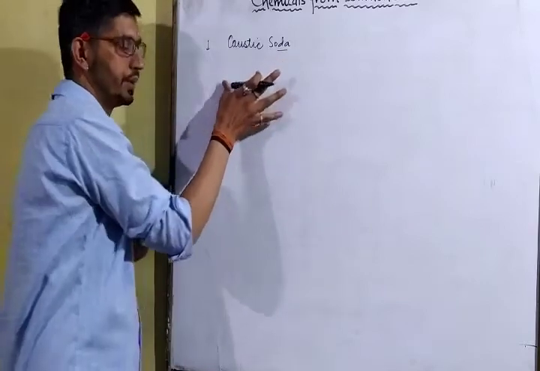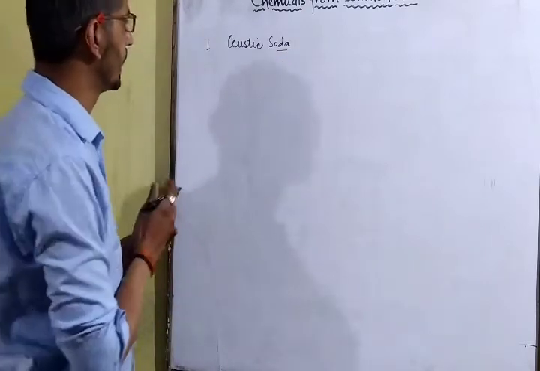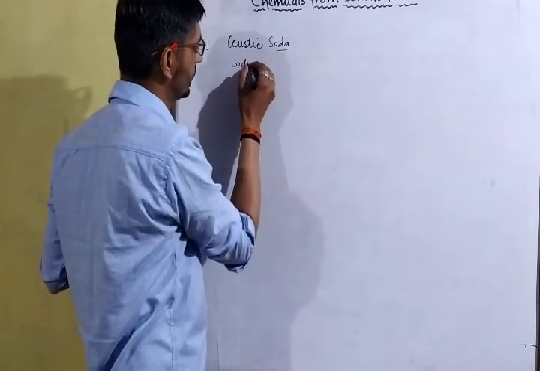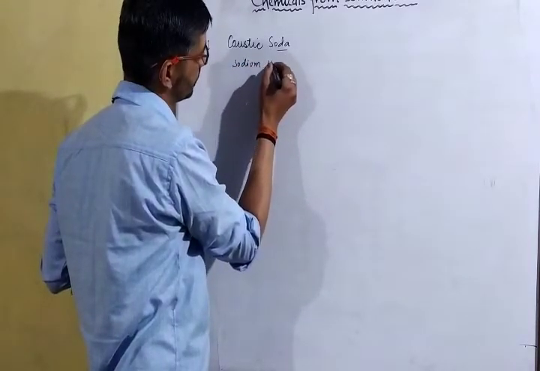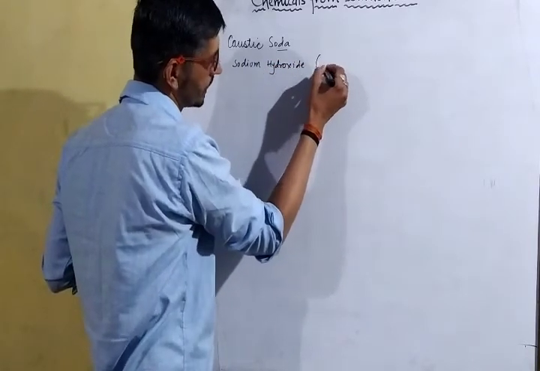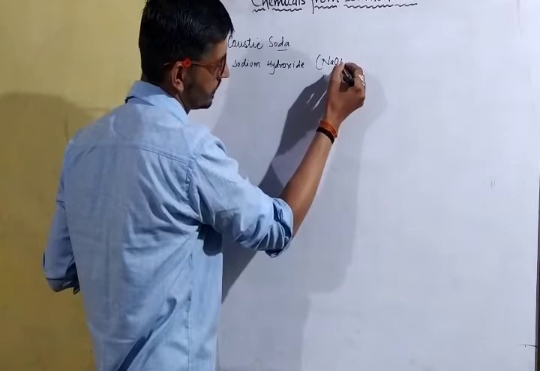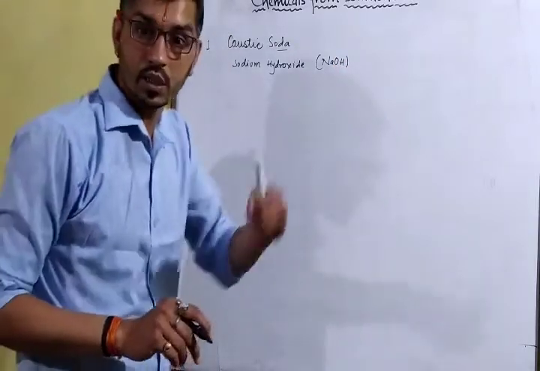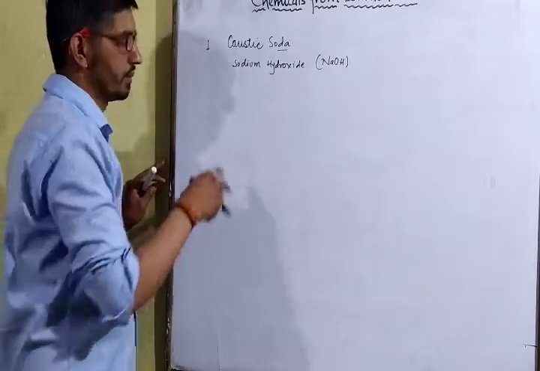That is the common name, and the chemical name of caustic soda is sodium hydroxide, and the formula is NaOH. As we know, it is a strong base, the strongest base.